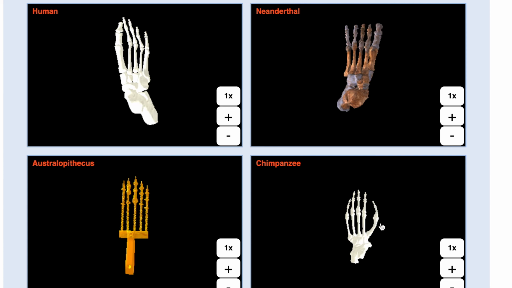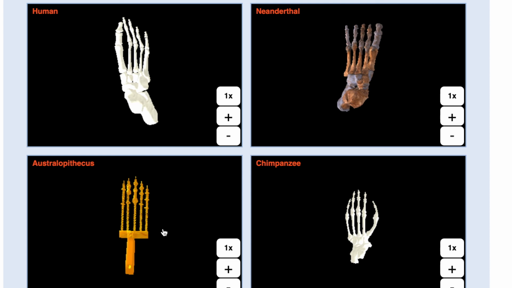So if you notice here, the chimpanzee has a toe that is sticking out, which makes their feet look very similar to our hands. And so I want you again to think about what we see with Neanderthals and what we see with Australopithecus, and whether the toe looks like it would have been opposable.